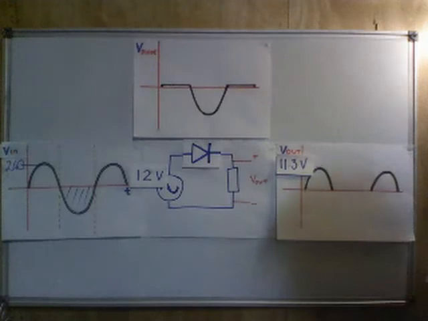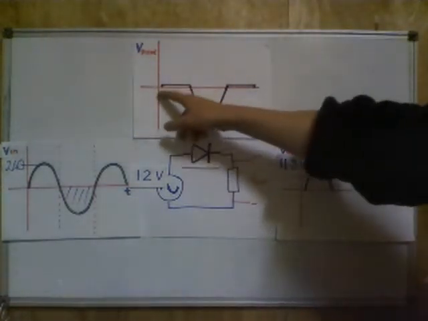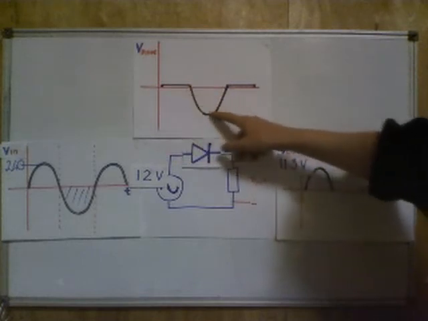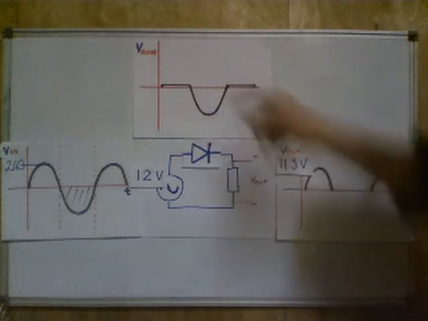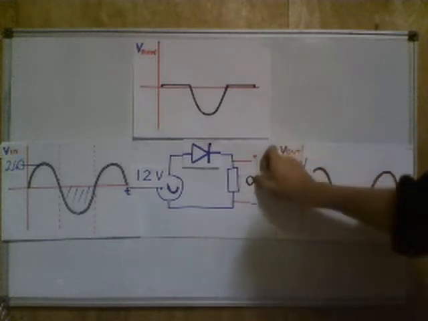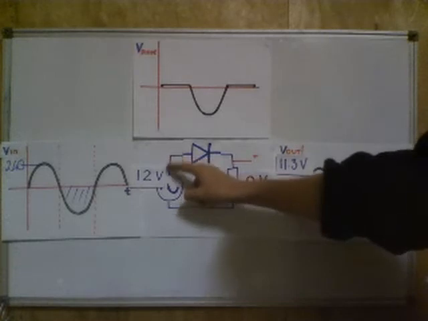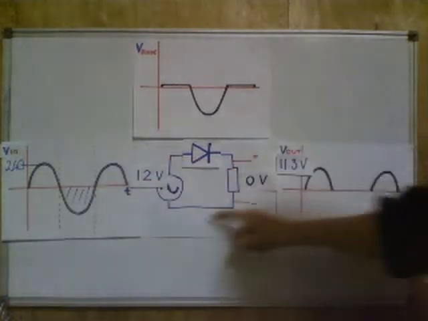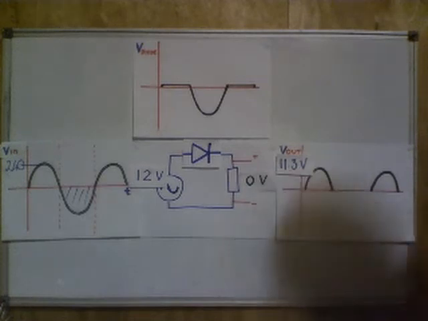Okay, cool. When we have a negative voltage at the input, we have all of that voltage appearing across the diode. Why is that? Well, look at this here. When we have a negative voltage, we have the current trying to flow in this direction. By V equals IR, we have 0 volts across the resistor.